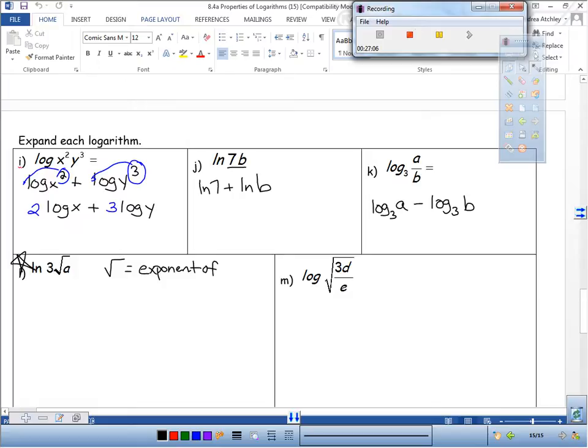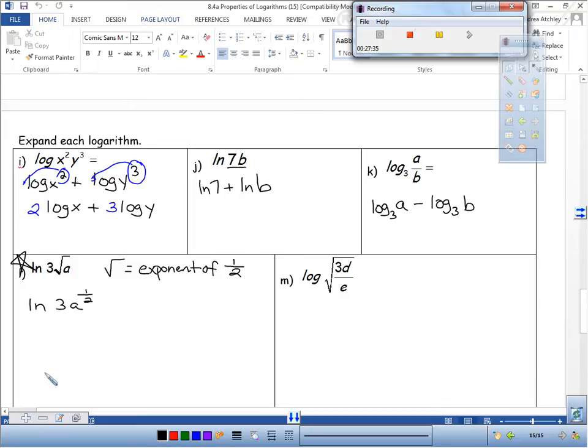Remember we drew the tree and had the pretty leaves and then the roots to remind us that the roots are always on the bottom. So since this is a square root, the square root equals the exponent of 1/2. So this is like the ln of 3 times a to the 1/2 power.